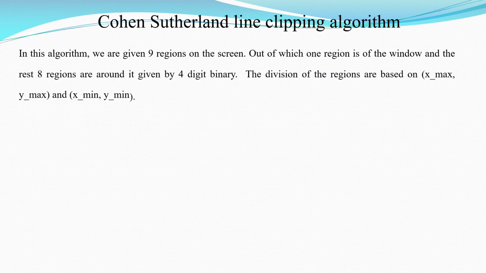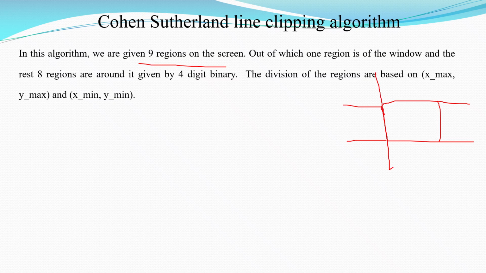Basically, it uses a nine-region code. For the window, as we saw in the last video on viewing and window clipping, we use a 4-bit binary digit, zeros and ones.